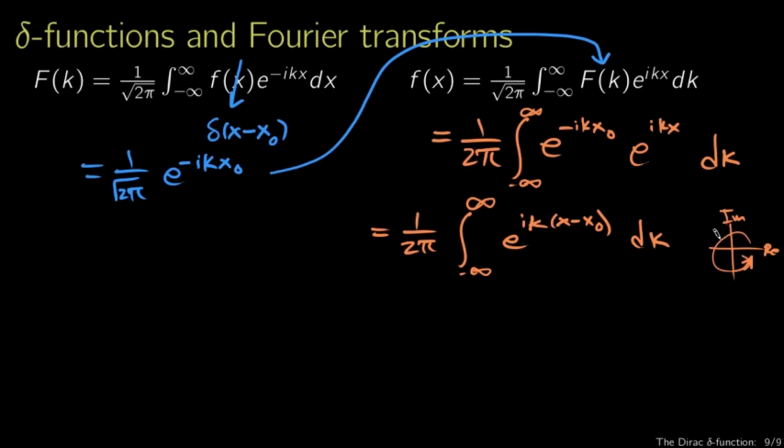And if I think about integrating a function that's spiraling around like that, the real part is going to be a cosine, the imaginary part is going to be a sine, and I'm integrating from minus infinity to infinity. So if you think about the real part as being a cosine, you're integrating a function that just oscillates, all the way to infinity and all the way to minus infinity. If I start at 0 and go to infinity, first I'll be adding up some positives, then some negatives, then some positives, then some negatives.